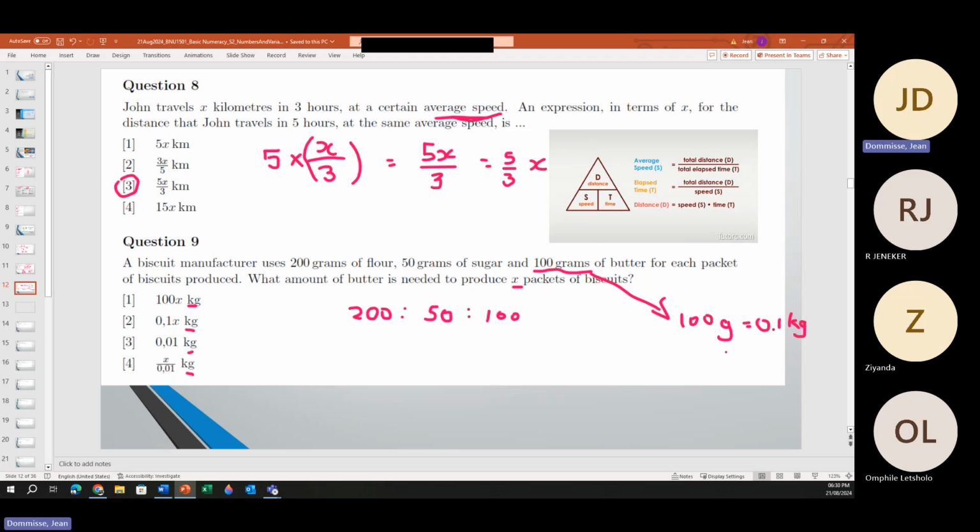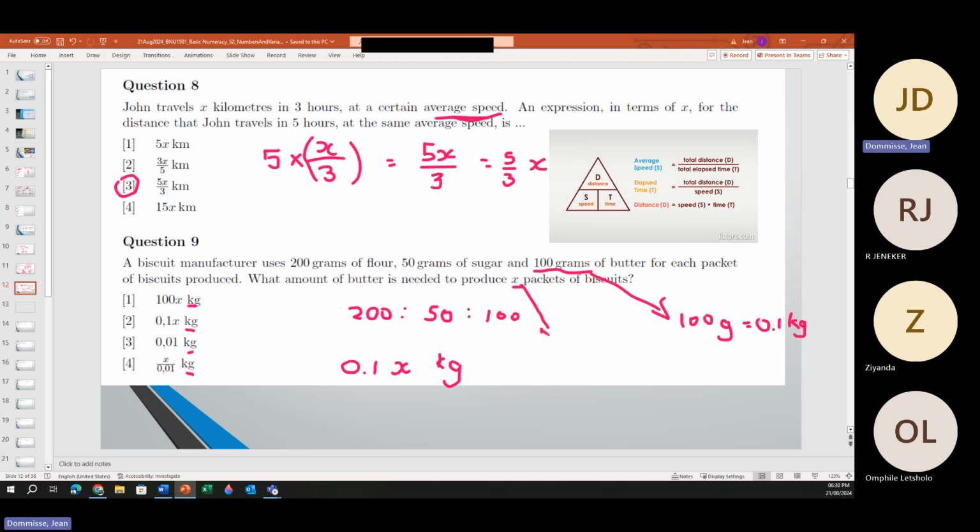That's basically what they want to test in this one. So if we need to say how much butter is needed to produce x packets of biscuits, it will be 0.1 times x kilograms.